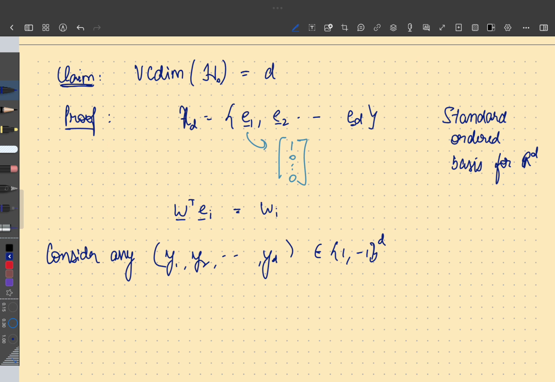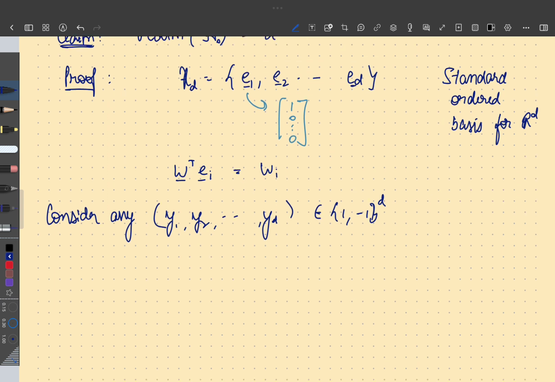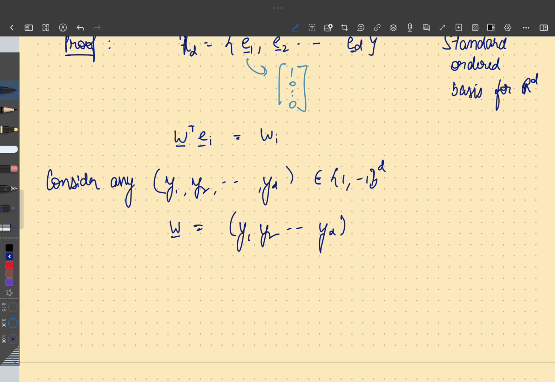I'm asking you to choose W, right? Wi equal to Yi. So you just choose Wi equal to Yi. So you take W to be exactly Y1, Y2 up to YD. So now W transpose Ei is exactly equal to Yi.